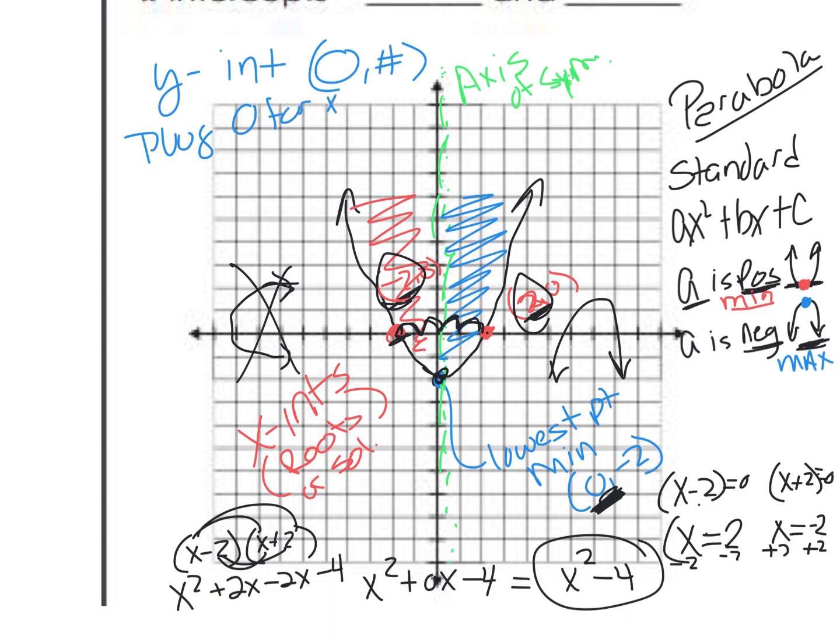If I plug in 0 here, 0 squared minus 4, my y-intercept is negative 4. And if you notice here, it is. So for a quadratic in standard form where a is 1, your c, your constant, is always your y-intercept.